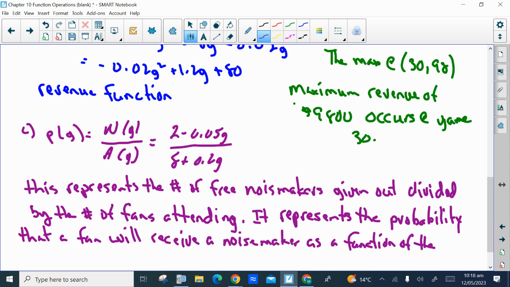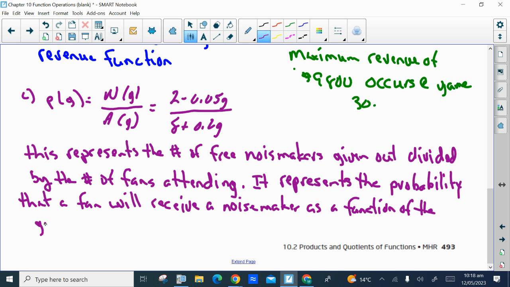Or we can say the game number. Because again, remember, probability is number of favorable outcomes divided by the number of possible outcomes.